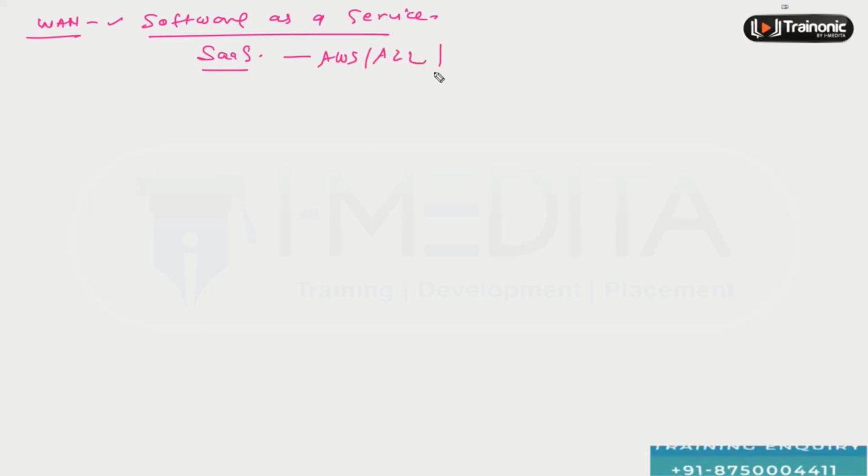They opt for the software as a service model provided by cloud service providers such as AWS, Azure or even Google Cloud. So nowadays applications are moving to the cloud. It could be a public cloud, it could be a private cloud.